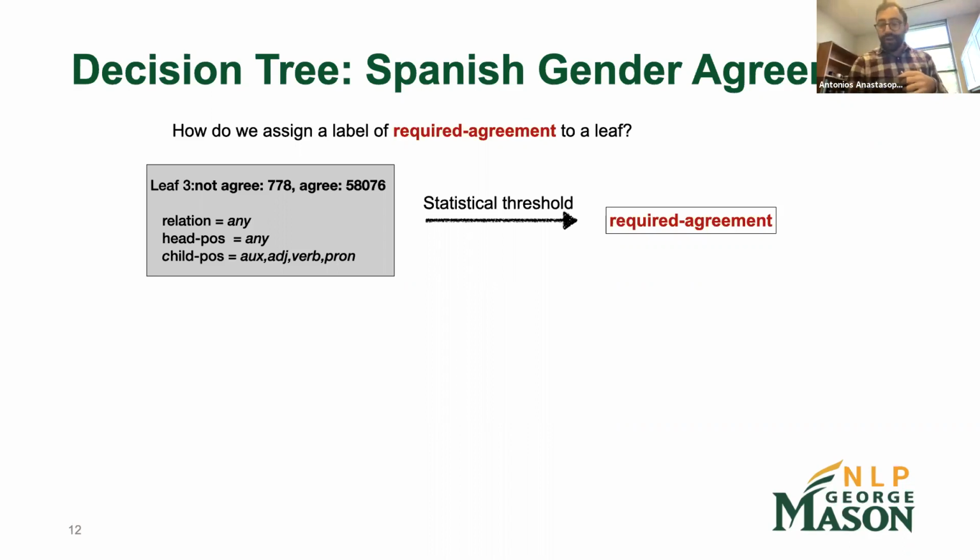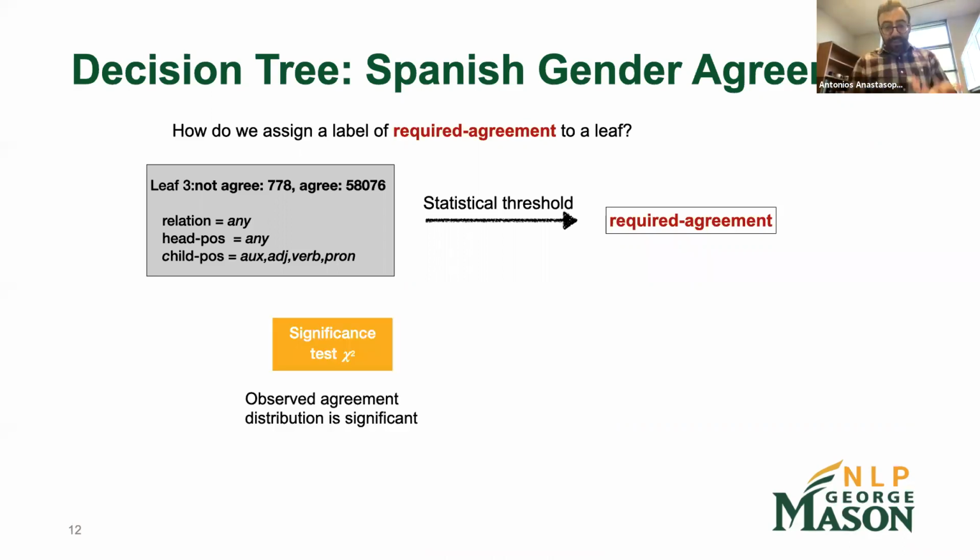What we're actually doing is using significance tests, the chi-square significance test, to make sure that the observed distribution is significantly different from a random one.